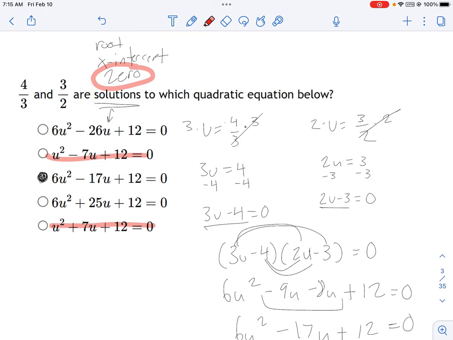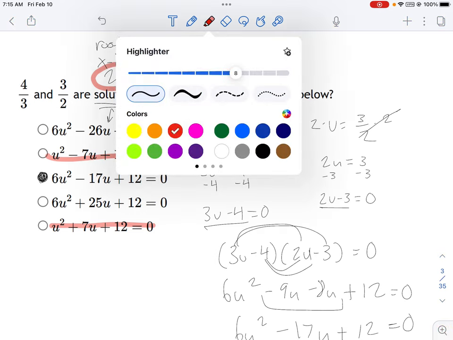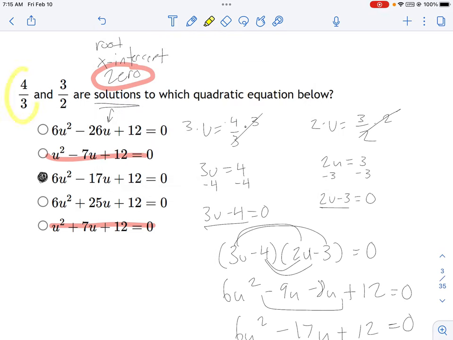In this particular instance, I would say 4/3 is a solution, but we also call it a 0. Why? Well, if you plug 4/3 in, you should get 0 back from the equation. So what you could do is, in a calculator, plug in 4/3 to every u you see.